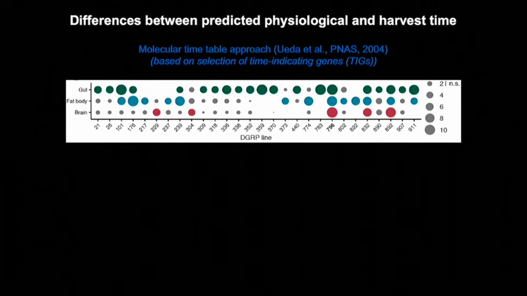And what is interesting, and what you hopefully appreciate, is that in some, for example, let me take a good example, in this case, this one only has molecular variation, gene expression variation in the gut, and in the fat body and brain, it's very small.